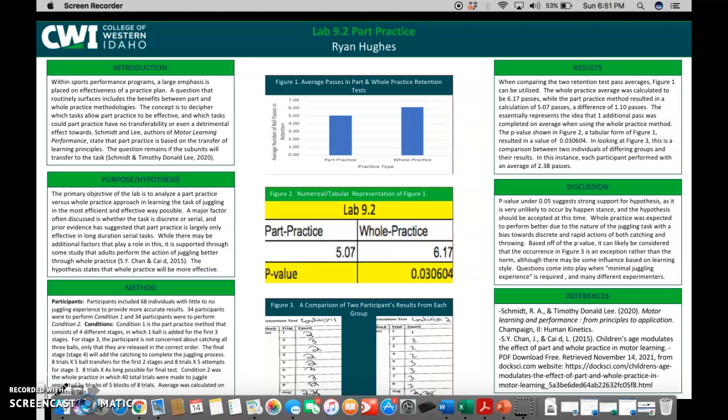But what we see generally is that when tasks are discrete, part practice tends to be less effective. And when tasks are discrete, whole practice tends to be the method that we're generally going to want to gear our training towards. Part practice, we oftentimes see, can be used more effectively for tasks that are serial.